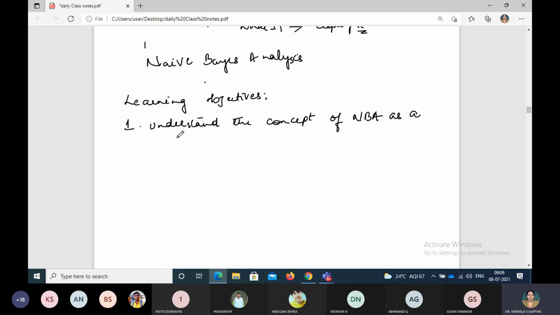So we are going to learn thoroughly about classification. Naive-Bayes is one of the classification techniques.